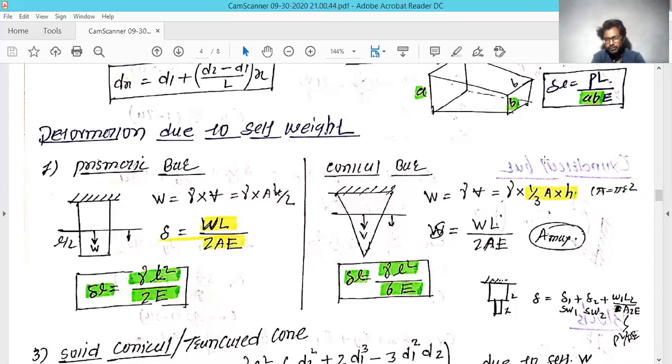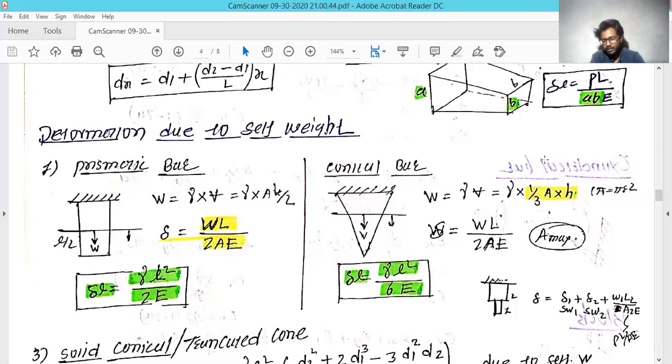In that condition, if you want to find the change in length of that prismatic bar due to its self weight, it will turn out to be, if you put the above formula in the previous WL by AE formula, rho into L square divided by 2E. If you say that it is written L divided by 2, you will say it becomes rho L square by 4E, but I have taken L divided by 2, so you have to take that 2 with the length as the full length. Then only this formula will turn out like this.